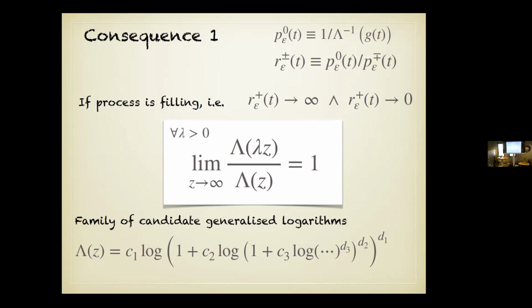So if you, for instance, have a log to the power d and g as a pair of functions that is viable, then also log g to the power 1 over d is a viable choice. So if you can choose this, then this is also true.